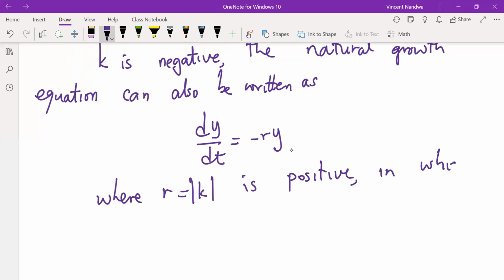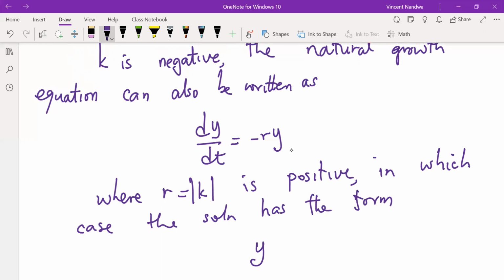In this case, the solution has the form y of t is given by y naught e raised power negative rt. So that's how we can also describe it.